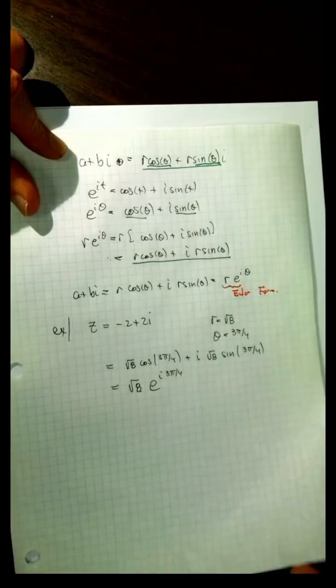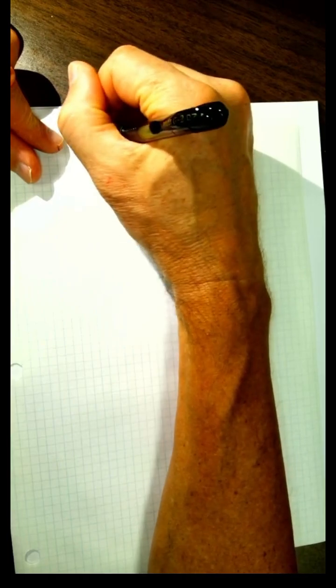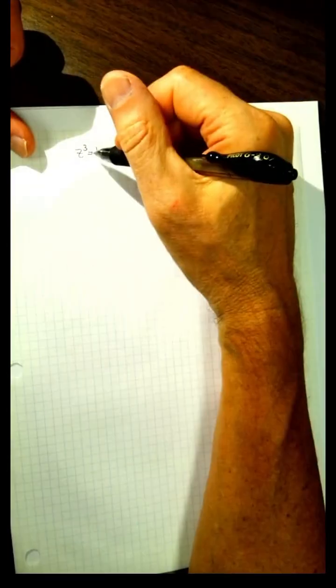Okay. Why is that nice? That is nice because suppose I tell you z cubed is 1. So a solution is z equals 1. Turns out that's not the only solution. There's got to be 3 solutions to this. So how is that?